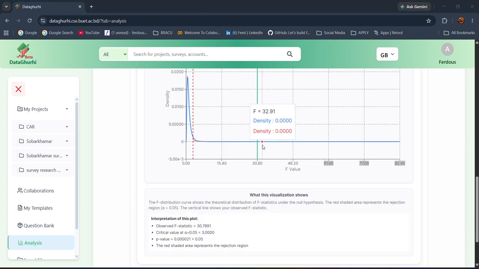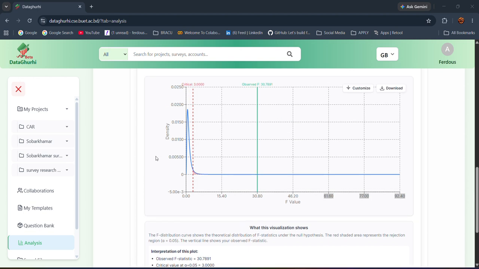The red shaded area represents the values that are unlikely to occur when the null hypothesis is true. That is when the variances should be equal. Since the observed F statistic lies far into this region, the null hypothesis is rejected.